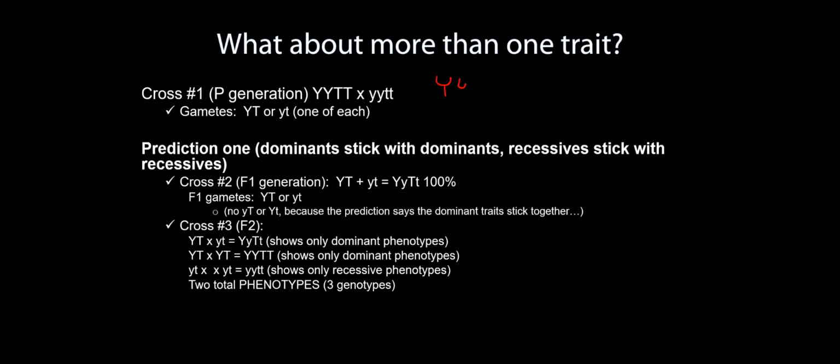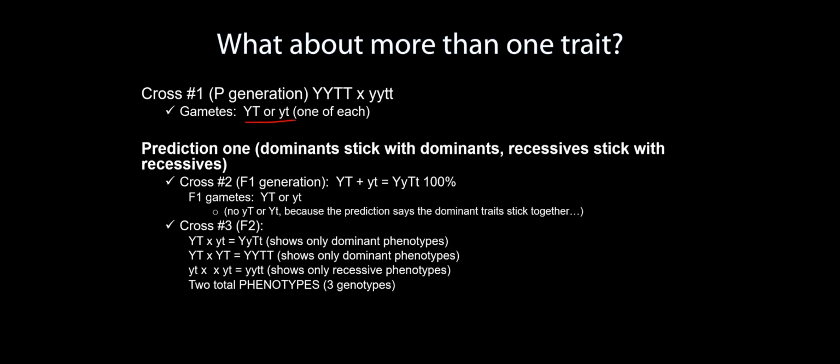The gamete is going to have one factor for each trait, and because there's only one possible combination here, it's always going to be YT. These are the gametes' genotypes, and because there's only one possible combination, you're only going to get one possible gamete.